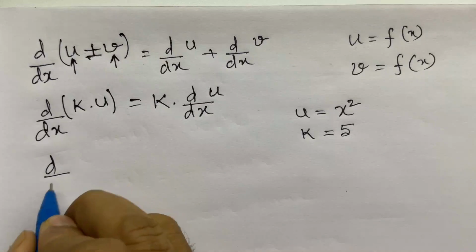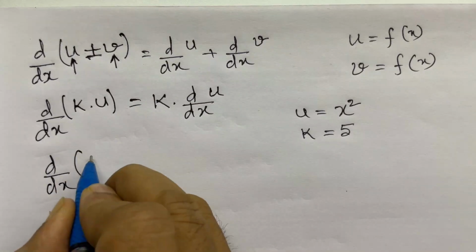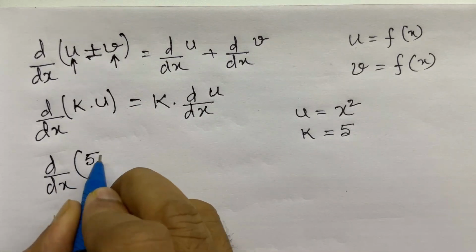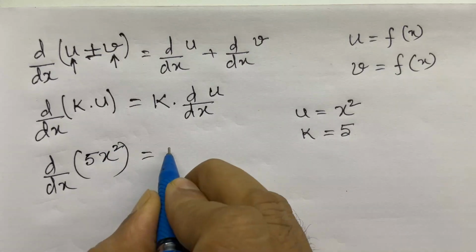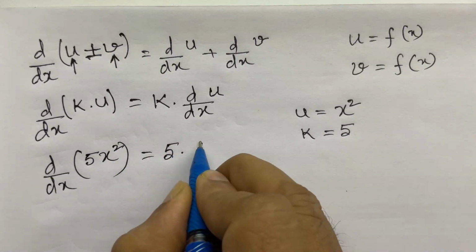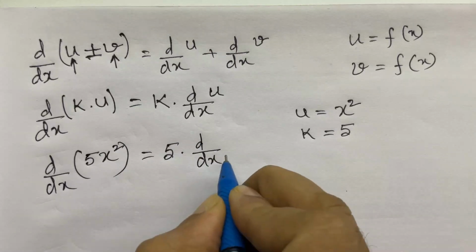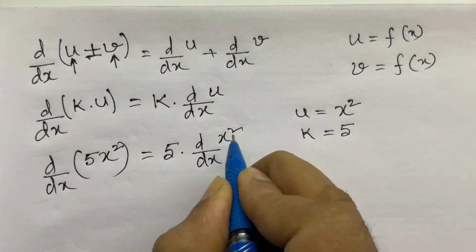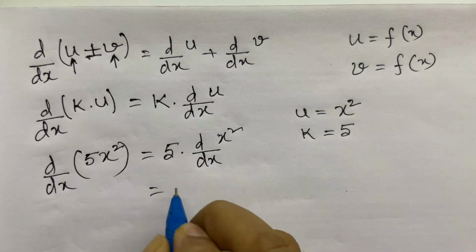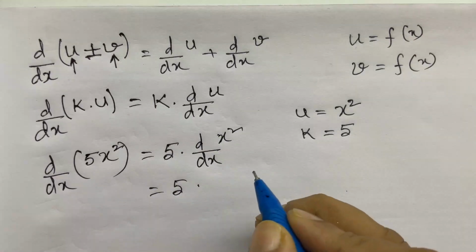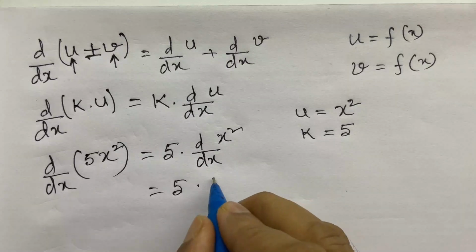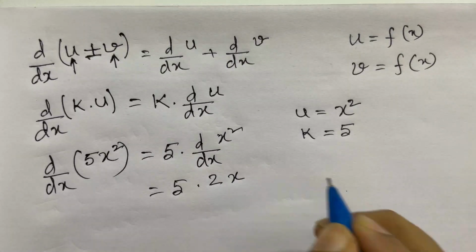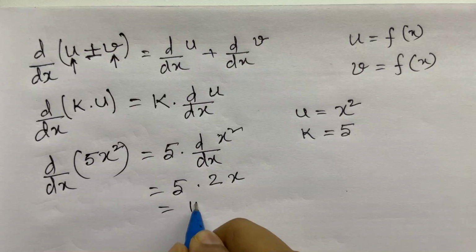So for example, your function is given as 5x squared. What to do? You should keep 5 here and only do differentiation of x squared. So x squared differentiation, from your x to the power n rule, we apply that formula, then you get 2x. So that means the answer is 10x.